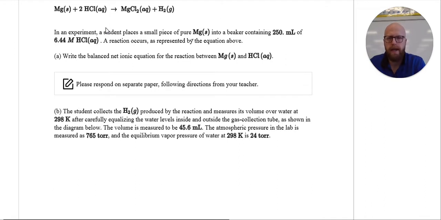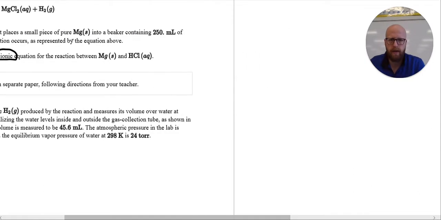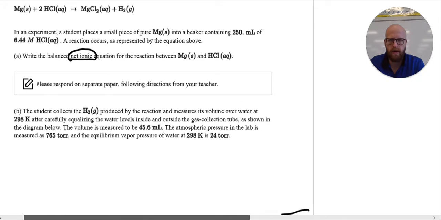Net ionic equations show us what actual atoms or ions are participating in the reaction. So when I want to see a net ionic equation, what I'm going to look for is what's the actual reaction that's going on, or what's changing states. I'm going to rewrite this over here to give me a little more room.